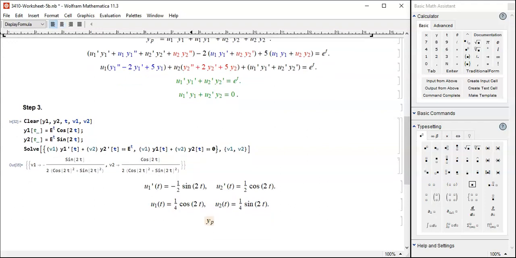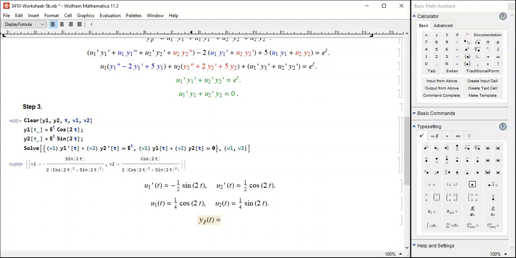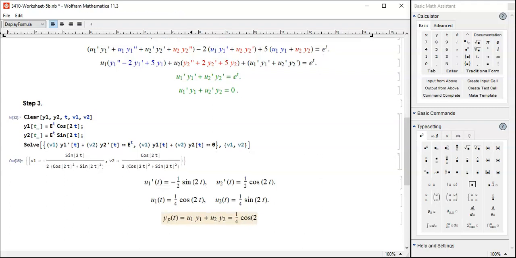Therefore, the particular solution is going to be u1 y1 plus u2 y2, which is 1/4 cosine of 2t times e to the t power cosine of 2t plus 1/4 sine of 2t and e to the t power sine of 2t, and looks like that is the particular solution.